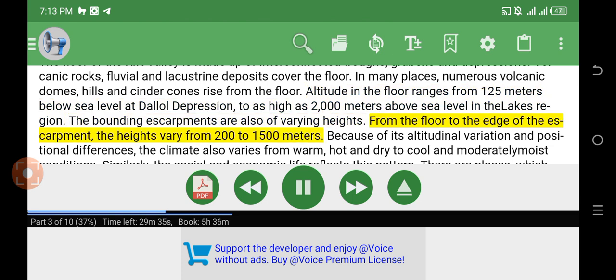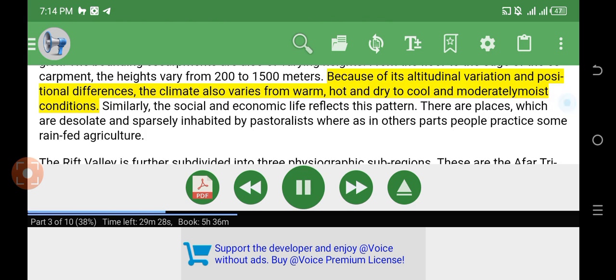Because of its altitudinal variation and positional differences, the climate also varies from warm, hot and dry to cool and moderately moist conditions. Similarly, the social and economic life reflects this pattern. There are places, which are desolate and sparsely inhabited by pastoralists, whereas in other parts people practice some rain-fed agriculture.